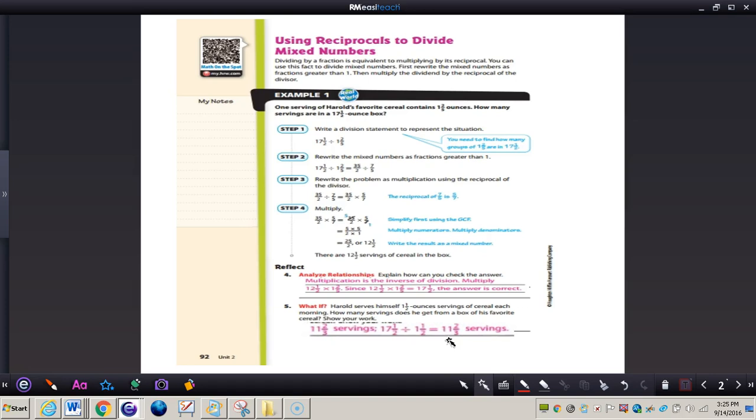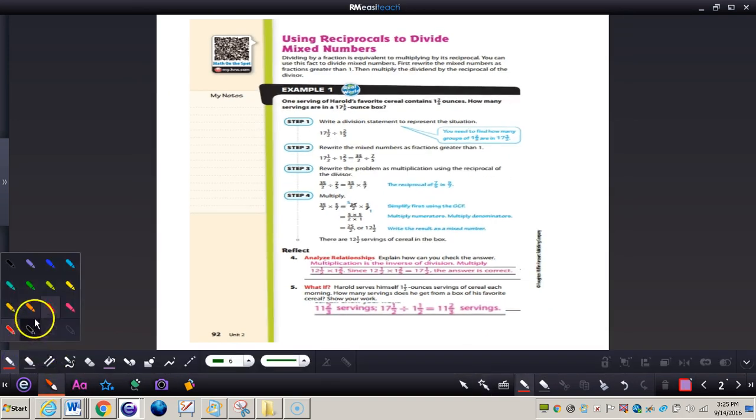So what happened here? We took 17½ divided by 1½, and that gave us 11 2/3 servings. So the process of doing this, what you would do, so 17½, you have to make that into an improper fraction. So that would be 35 over 2. 1½ is an improper fraction as well. That's going to be 3 over 2.